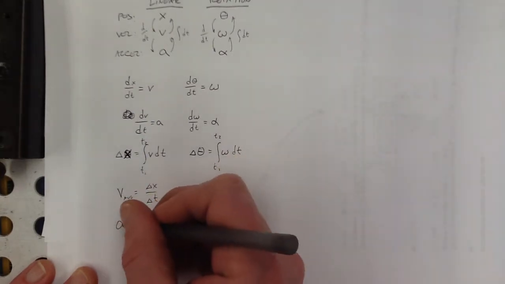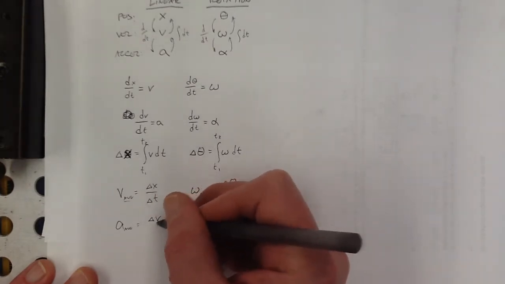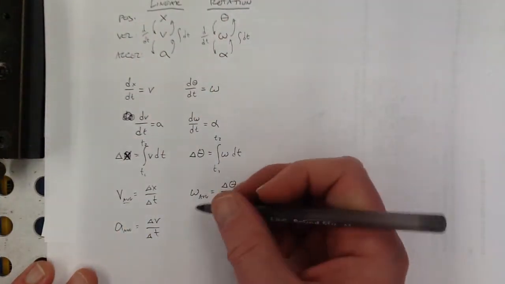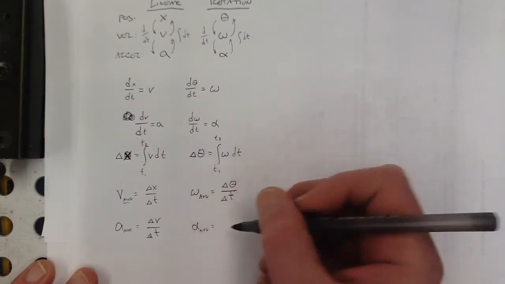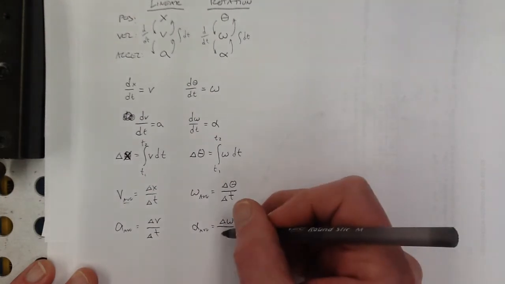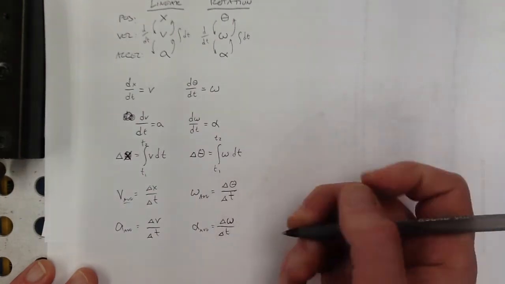And average acceleration, I mean, come on, everything that we want to be true. The analogy is complete in every detail. It almost seems silly to write all this stuff down, doesn't it? Everything you want to be true is true.